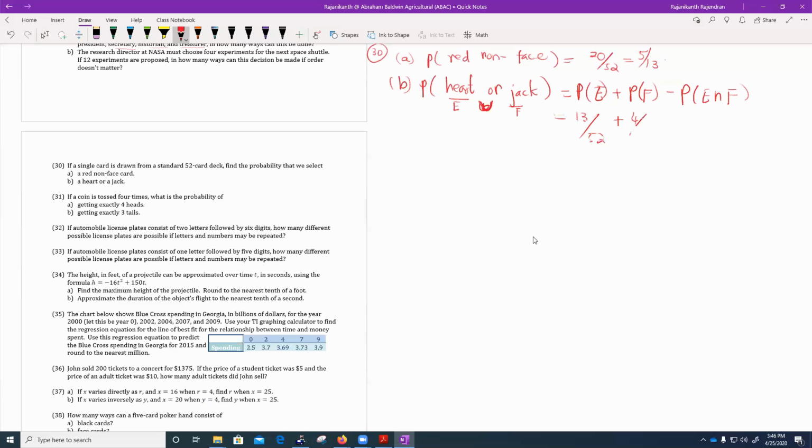Each suit has 1 jack, so it is 4. Then subtract the overlap. You are choosing a card that should be a heart and a jack. You will find only one such card, so it is 1 over 52. If you simplify, 13 plus 4 is 17, 17 minus 1 is 16. So it is 16 over 52. That is 4 over 13, right?